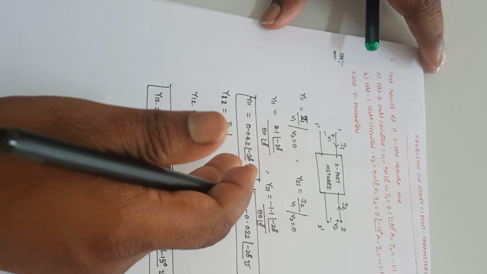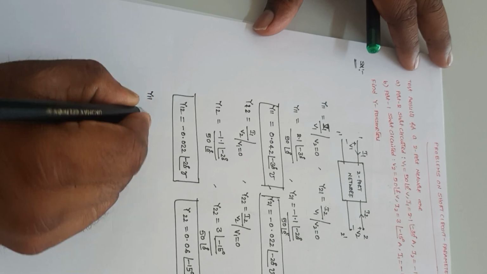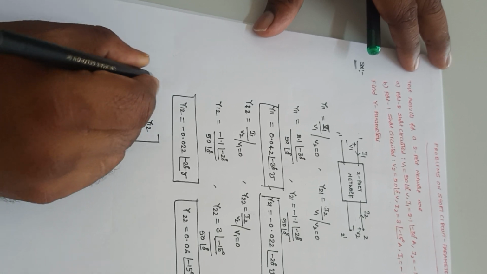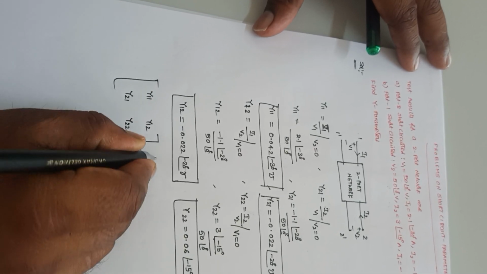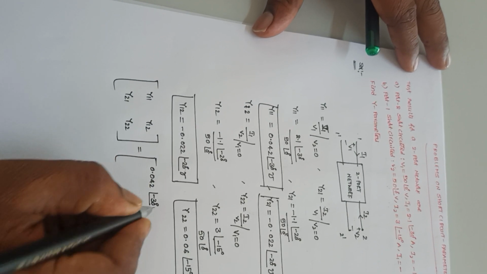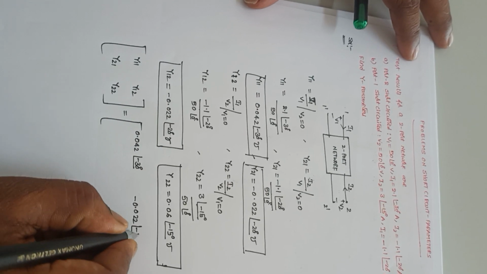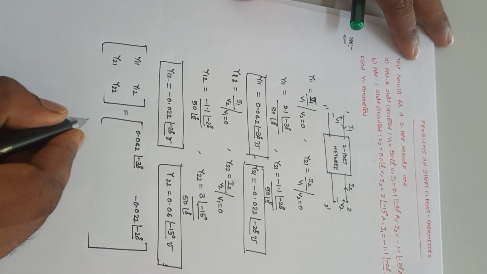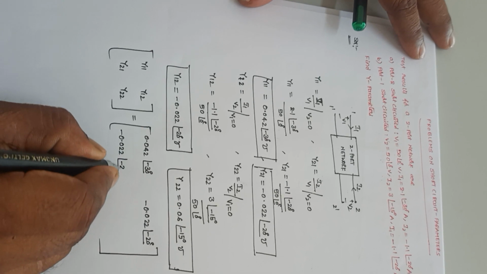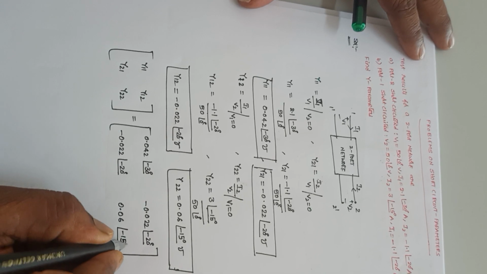So if I write all these admittance parameters in matrix form, Y11, Y12, Y21, Y22 is equal to: Y11 is 0.042 at an angle minus 30 degrees, Y12 is minus 0.022 at an angle minus 20 degrees, Y21 is minus 0.022 at an angle minus 20 degrees, Y22 is 0.06 at an angle minus 15 degrees.